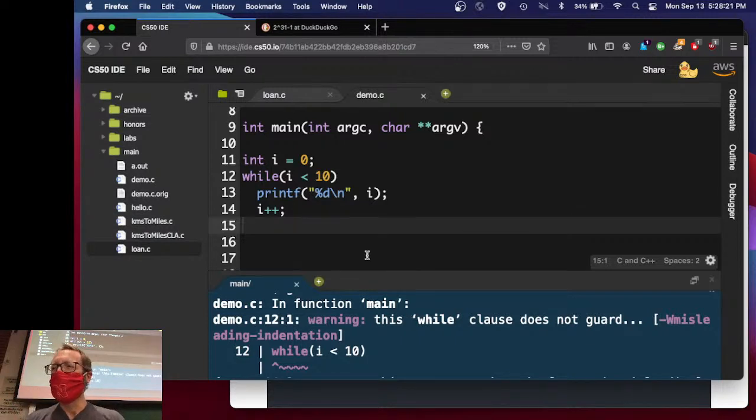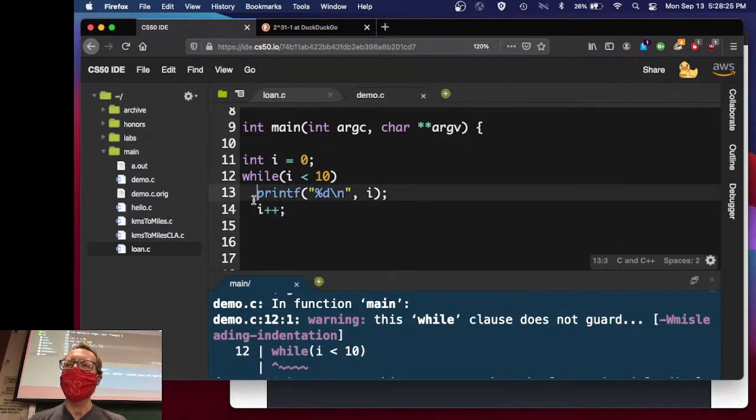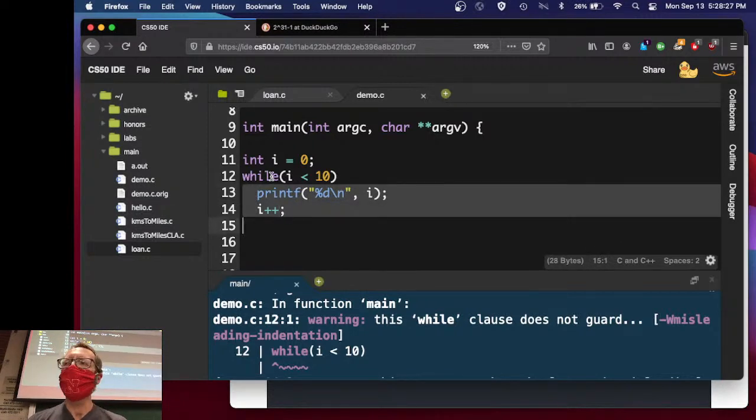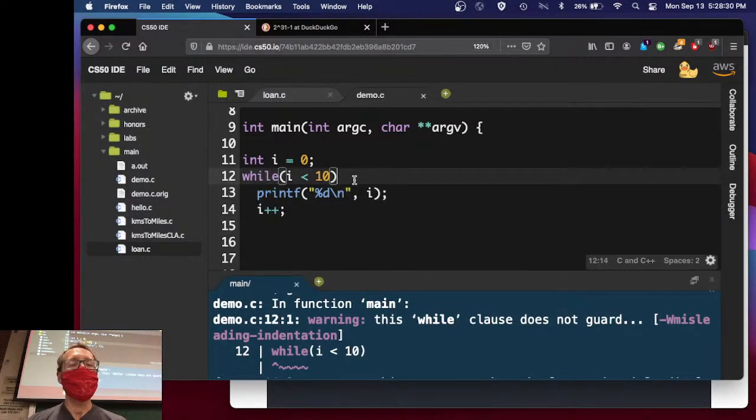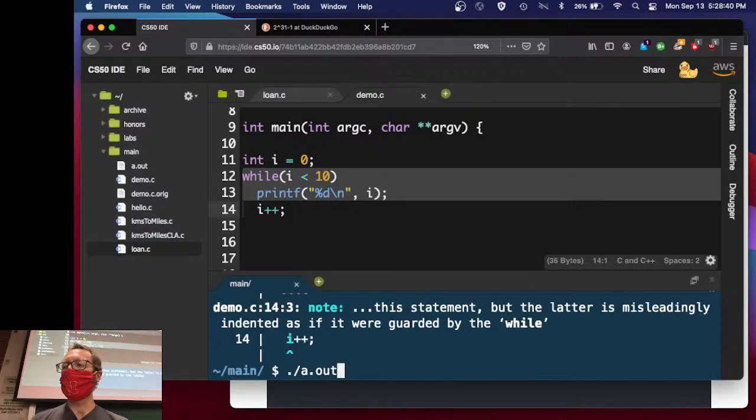That's probably wrong. In other words, you indented here. It looks to me like you meant for this entire thing to be part of the while loop, but it's not because you forgot your brackets. Right? By forgetting the brackets, what does the while loop do? Let's go ahead and run it and find out.